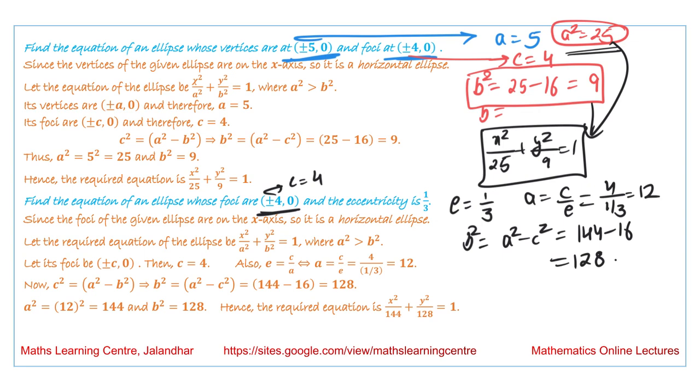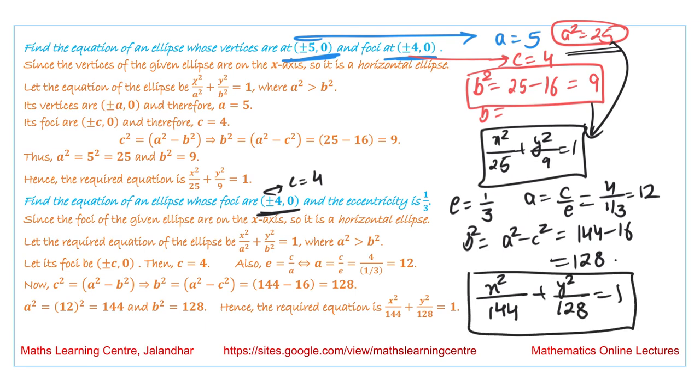So the equation of the ellipse will be x²/144, that is a², plus y²/128 = 1. So this is the equation of the ellipse. Again this is a horizontal ellipse because the foci are lying on the x-axis.